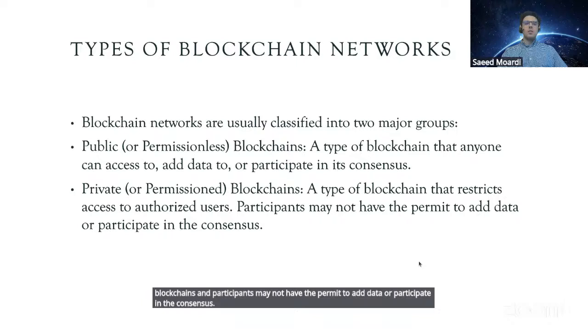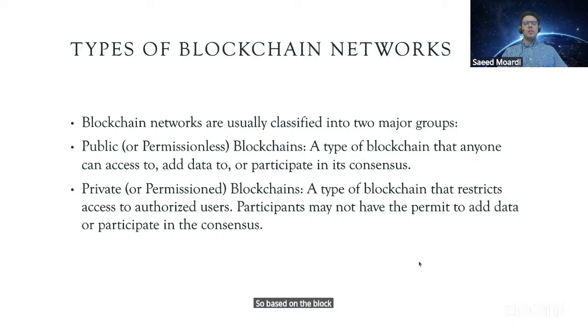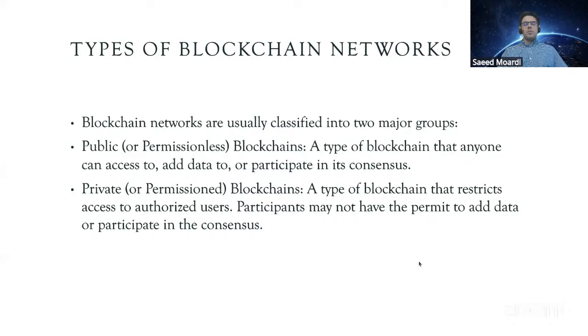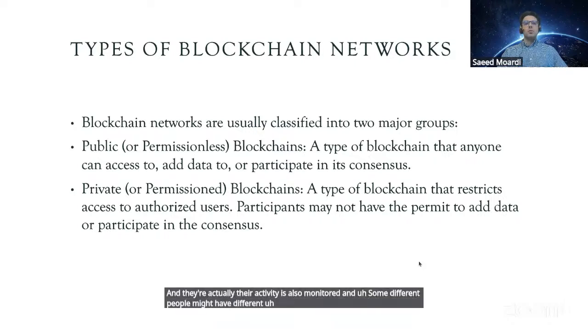Based on the blockchain policy and guidelines, there might be restrictions imposed on people who want to be part of the blockchain system. Their activities are also monitored, and different people might have different access levels to blockchain components in the private blockchain system.